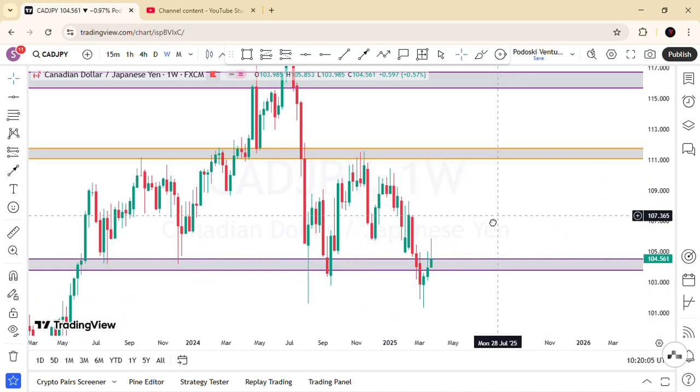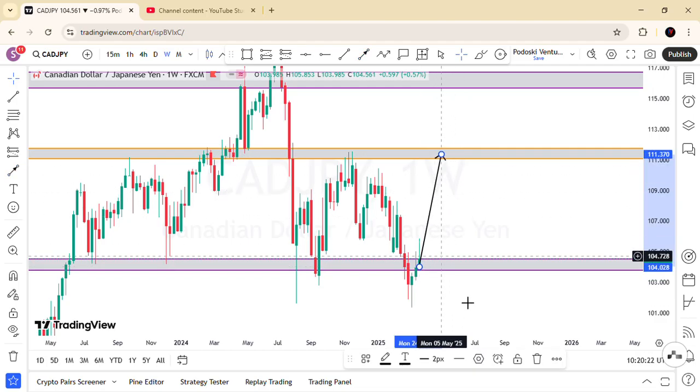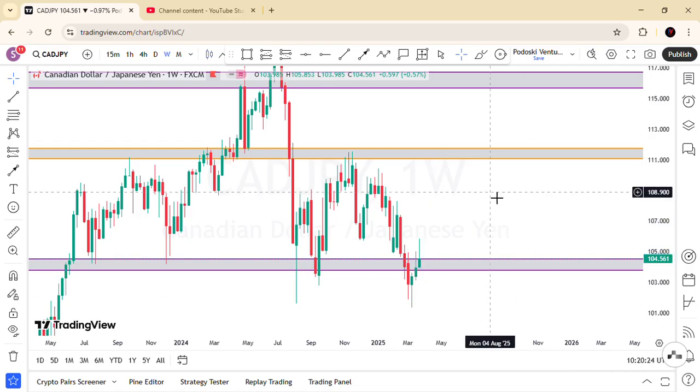Okay, yeah. So on the monthly time frame, I have my monthly supply zone here. I'm expecting price to go up, tap into the demand zone, like we said earlier. I said on the monthly time frame price is bullish, and here on the weekly time frame price is also bullish.